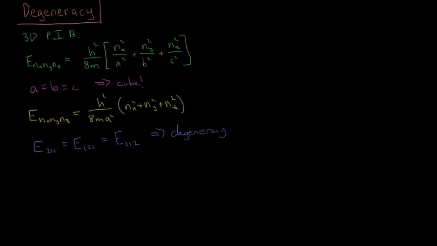So if we make ourselves a diagram here, on this diagram we are going to graph the energy of our particle in units of h, not h bar, just h in this case.